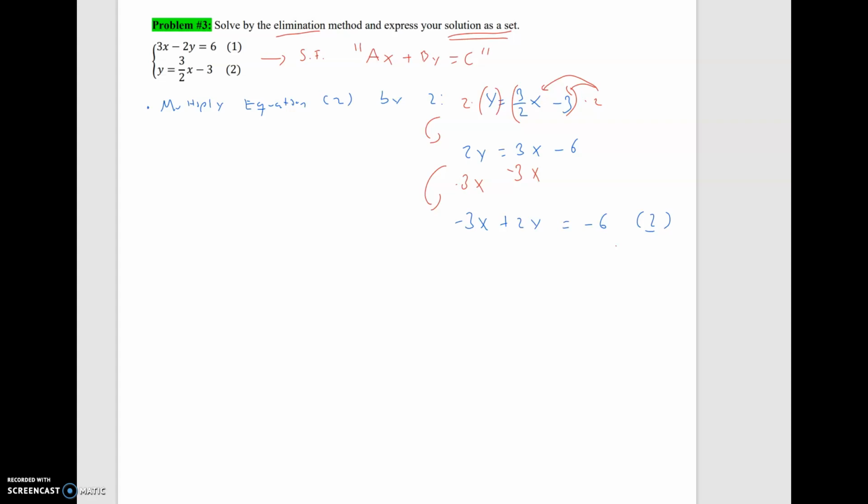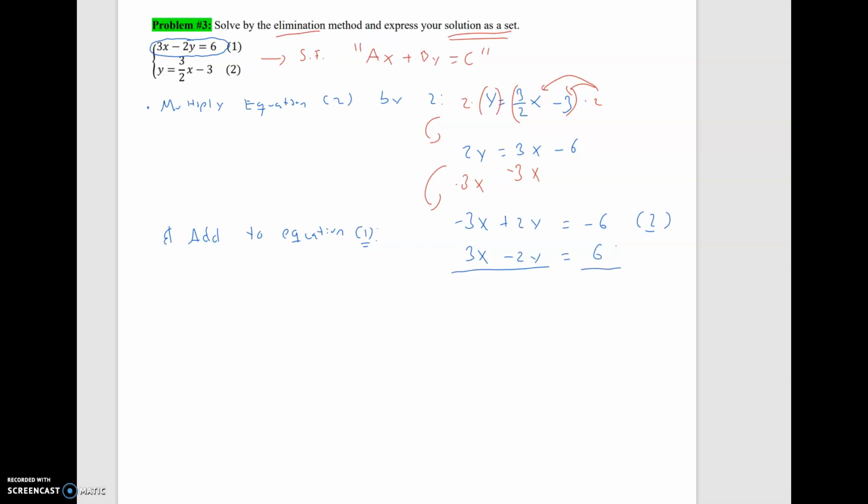The good news is that we'll be able to cancel the x's, and it also appears that the y's cancel. So let me just say and add equation 2 to equation 1. In this case, you're just going to have 3x minus 2y is equal to 6.